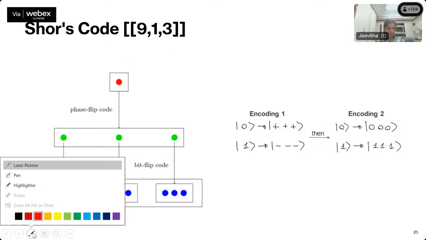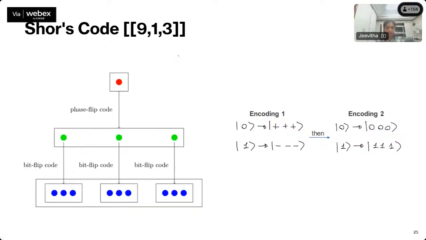So I can just tell you that. Okay, so this is basically the formula we use. This is a formula used to check how many errors can be corrected, and this is the formula used for how many errors can be detected.